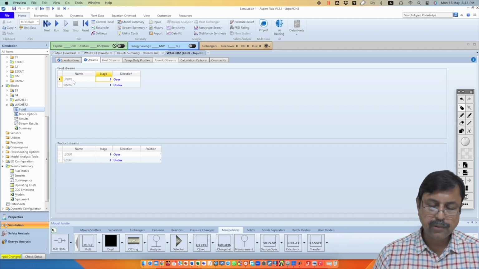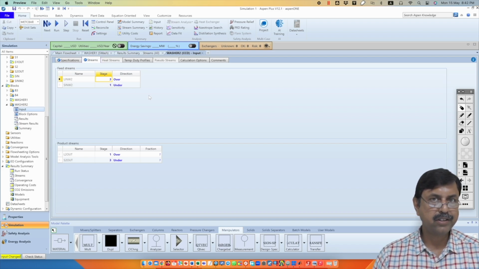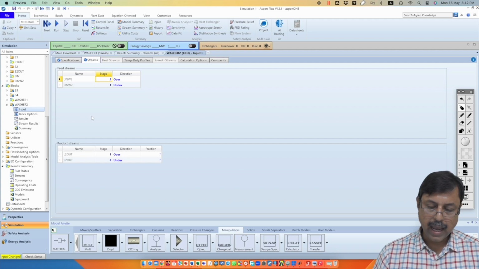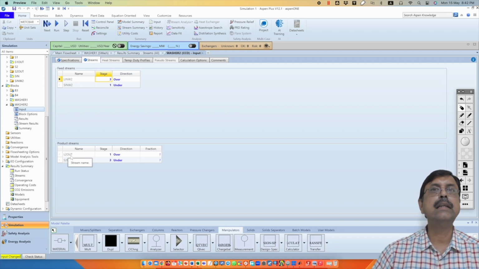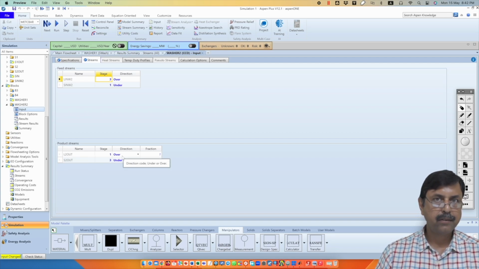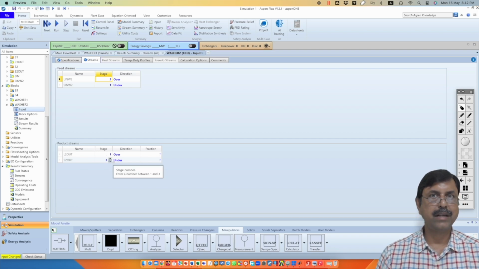And liquid in washer 2, that will be in the bottom stage, stage number 3. And product stream, it will be reverse. The L2 out, that is the liquid out, is over stage 1, whereas S2 out is under stage 3. Okay?